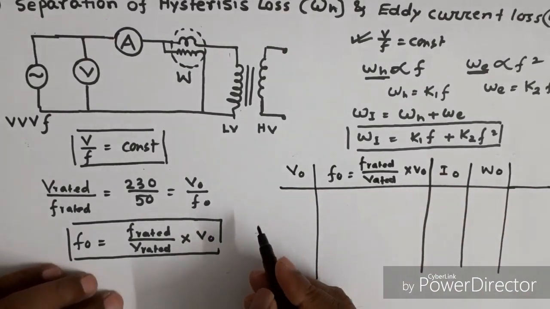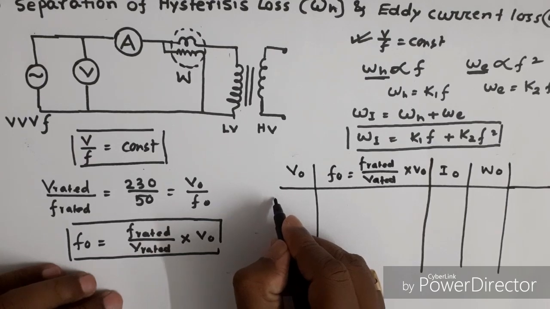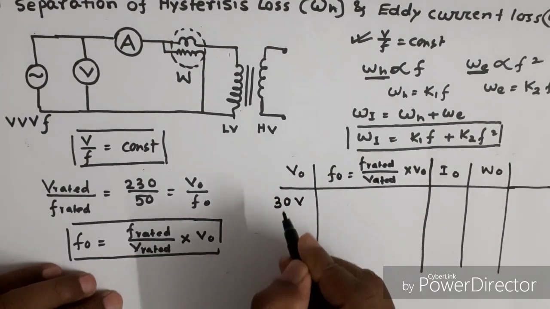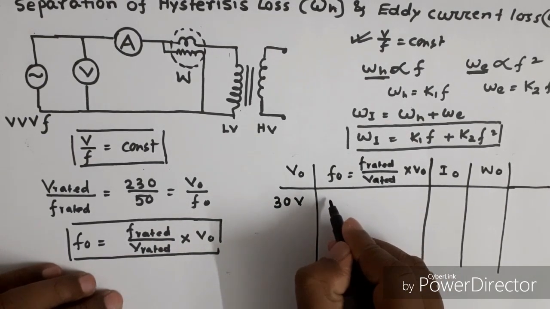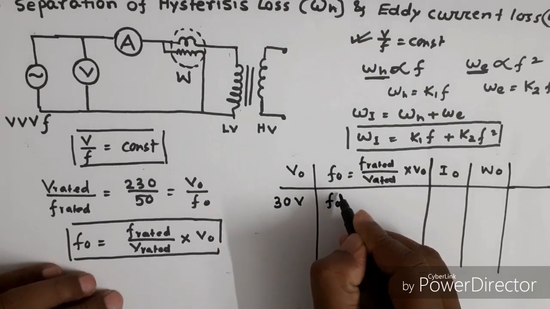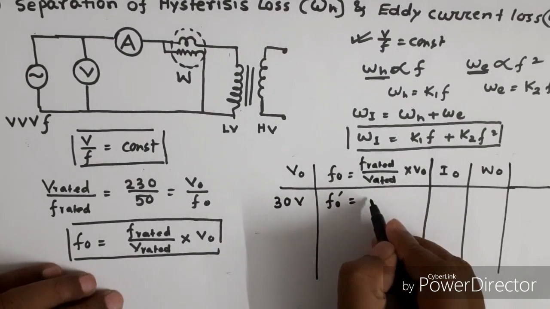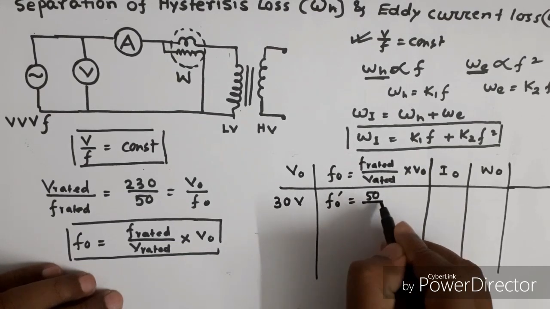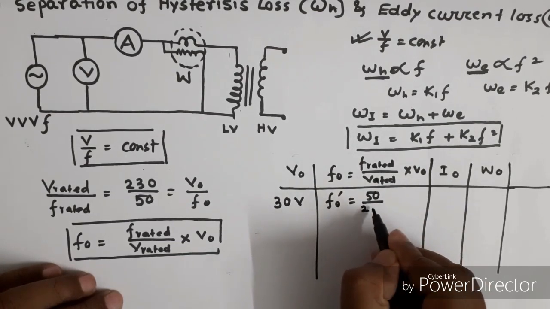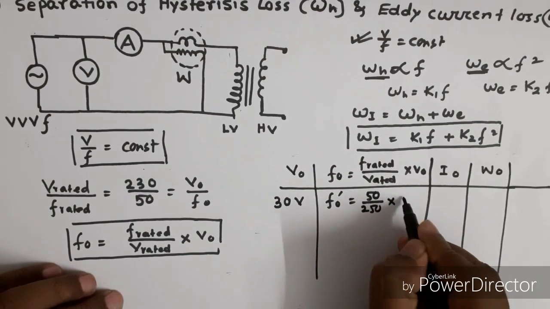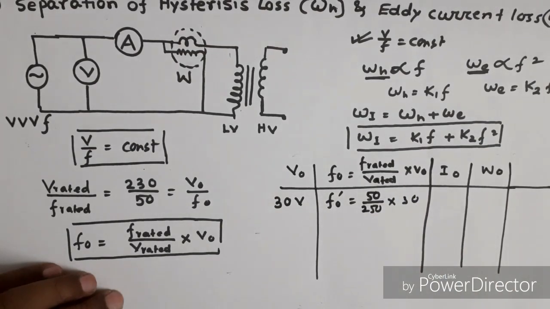We start with a low voltage of suppose 30 volt. Then what is the F0 dash? Suppose F0 dash is F rated 50 Hz by 230 volt into 30 volt.